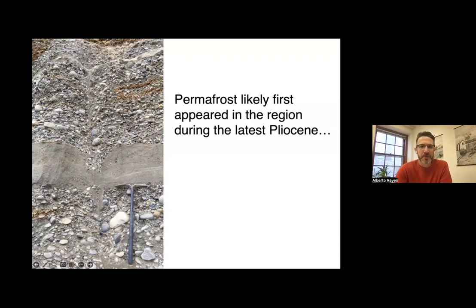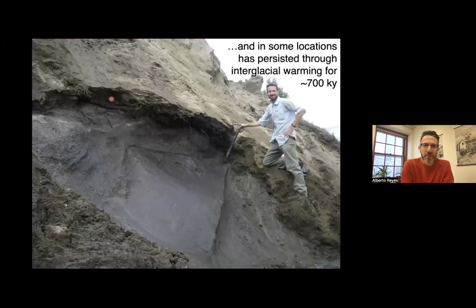If you sort of squint and geofantasize a little bit, just to borrow a term from Brent Ward, you might be able to pick out this ice wedge cast here in some Pliocene gravels, indicating the presence of permafrost on this landscape, which subsequently thawed and filled the ice wedge that melted out. Permafrost in parts of this field area probably persisted through multiple warm interglacials of the late and the middle Pleistocene.